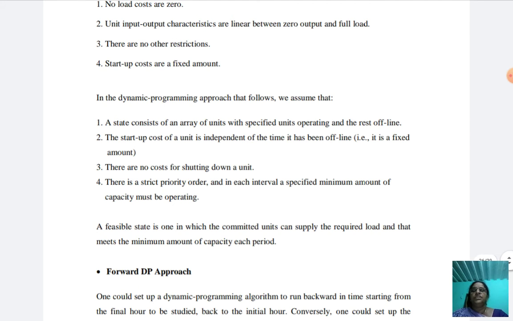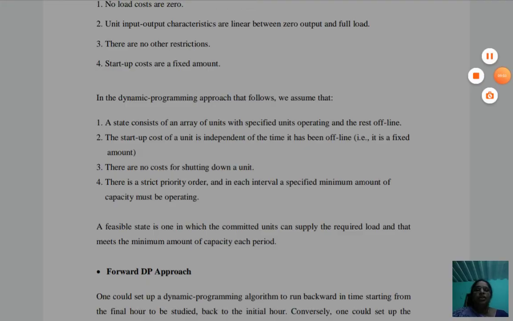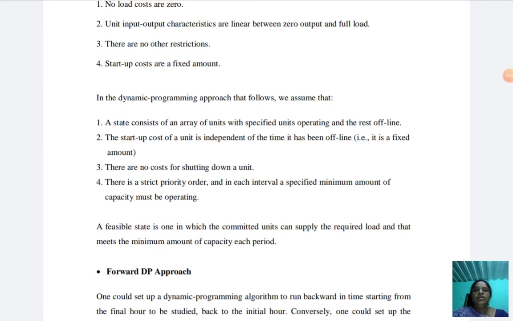The first one is a state consists of an array of units with a specified unit operating and the rest offline. Second one is the startup cost. Third one is that there is no cost for shutting down a unit. Then strict priority order by using the priority list method.